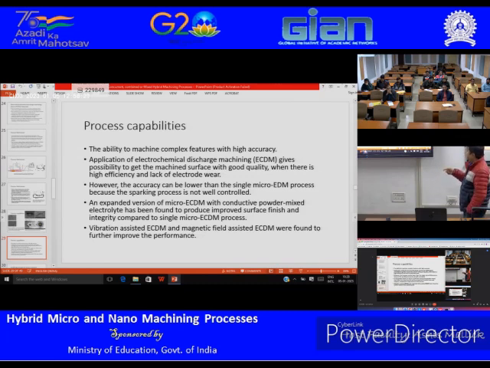Now some industries are trying to do ECDM at an industrial scale, and I think at that time it will become very developed in terms of accuracy. But most of the research was not able to demonstrate very high accuracy for micro ECDM. In the expanded version, we already talked about powder mixed ECDM and vibration assisted ECDM. They can further improve the performance of the ECDM process.